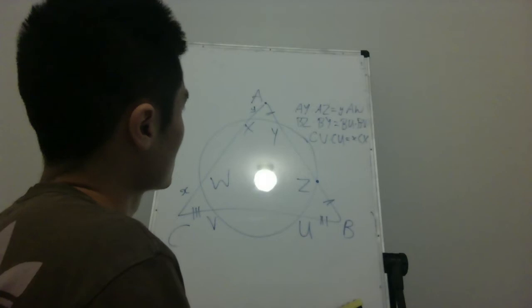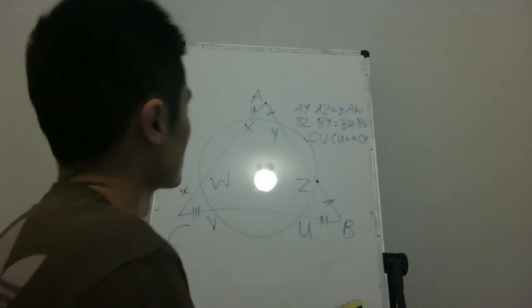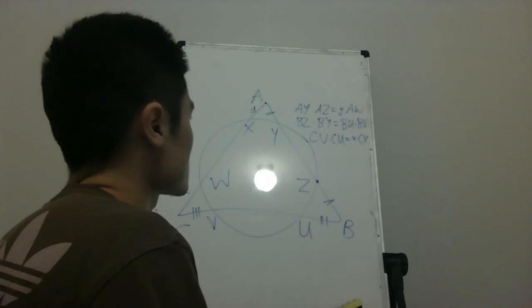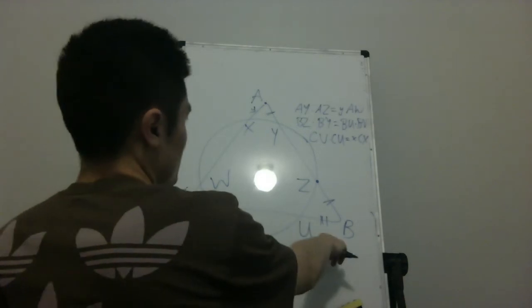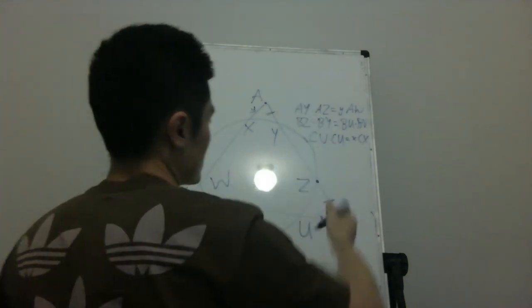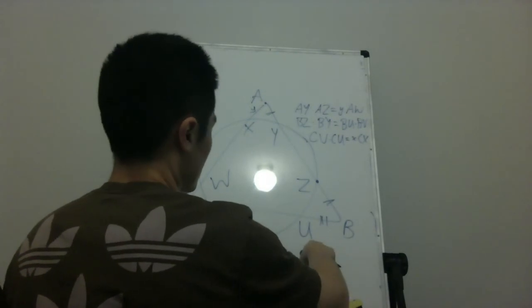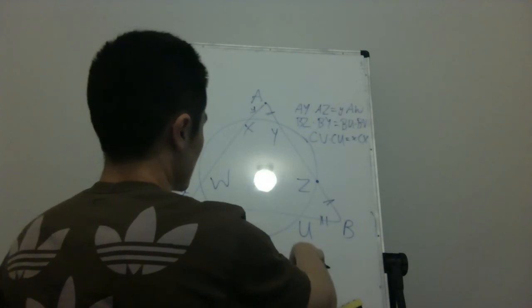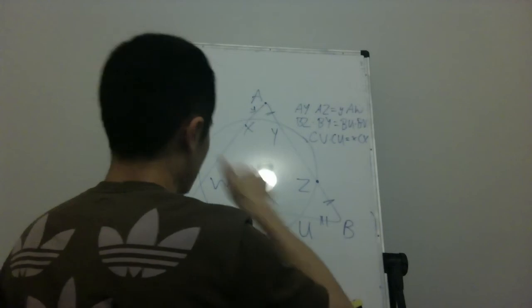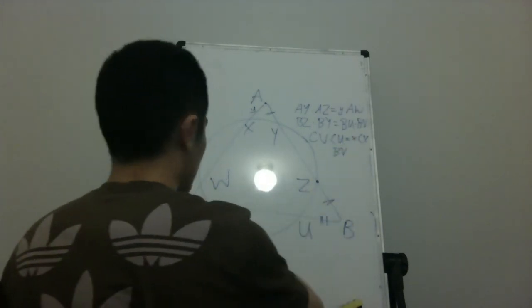Okay, so now we have to use some of these assumptions. CV and UB are equal. So if CV and UB are equal, we can go from this to the top if you want. Then we can replace CU by BV, and we can replace CV by BU.